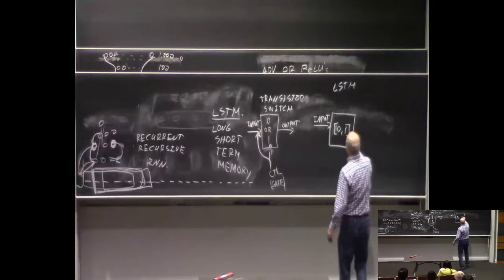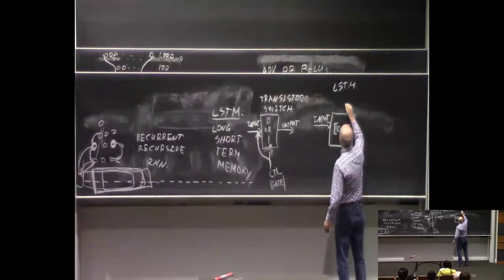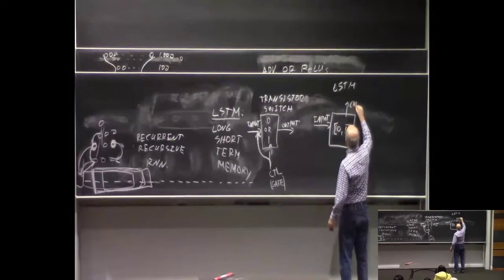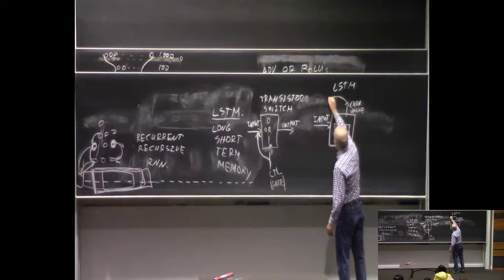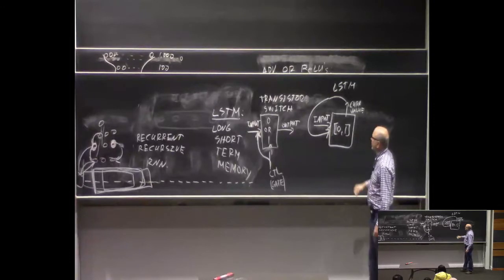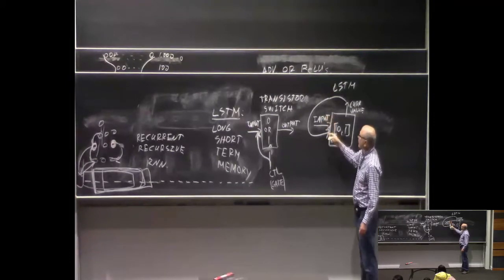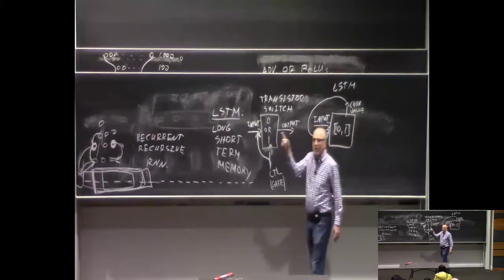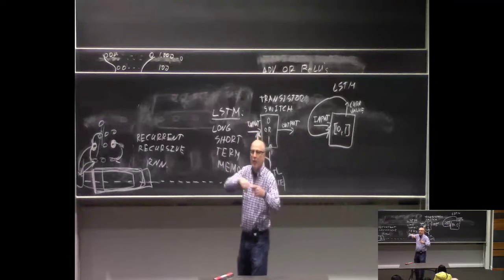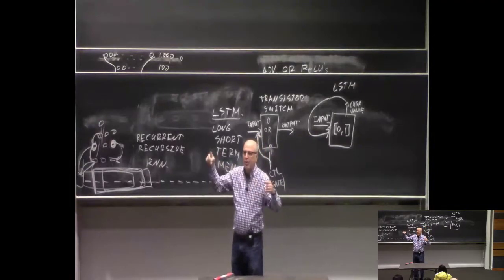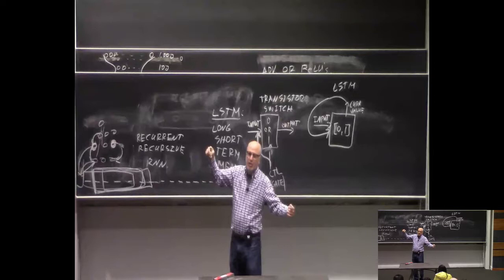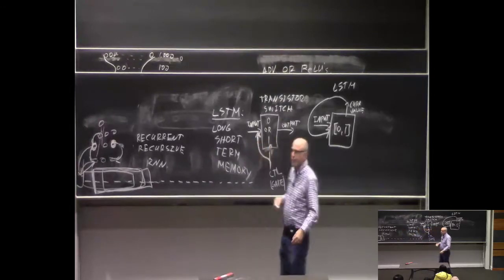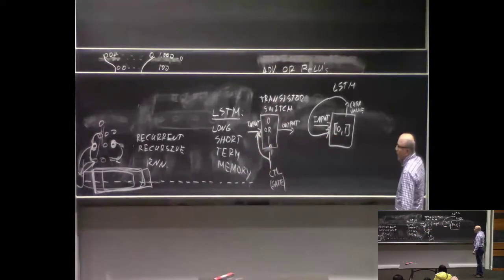Which means you have to take the value that's here, this is the current value, and feed it as a second input. So they are combined together to produce the next value. You can think, for example, of the sigmoid function as one way of doing that. You add them together through a sigmoid so that it's guaranteed to saturate to no more than 1 and no less than 0.